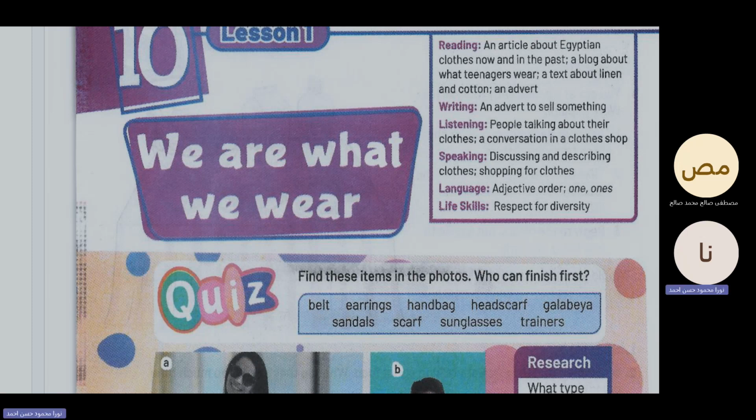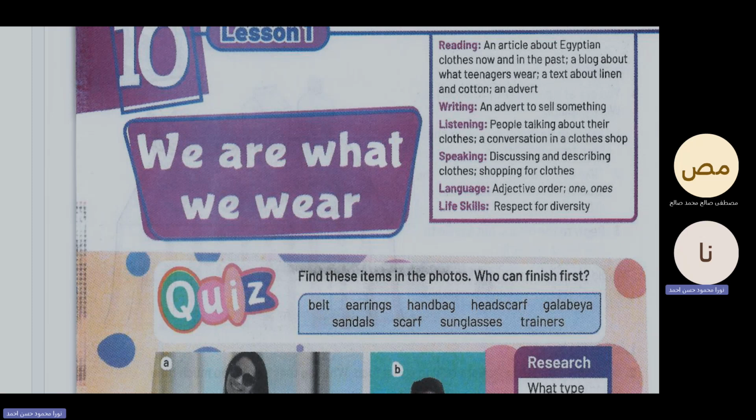And finally, we'll read an ad. This is an abbreviation for advertisement, إعلان. For the writing section, you will learn how to write an advertisement if you want to sell something.